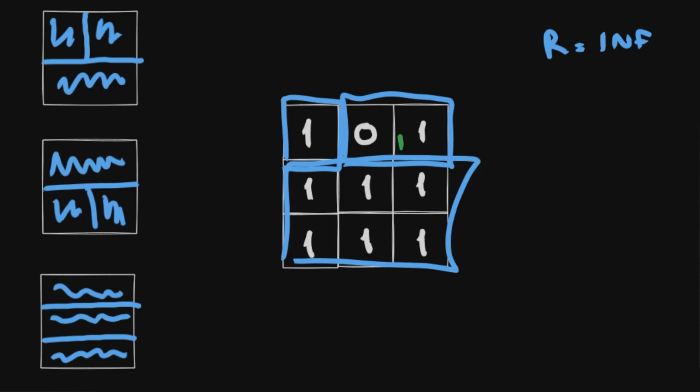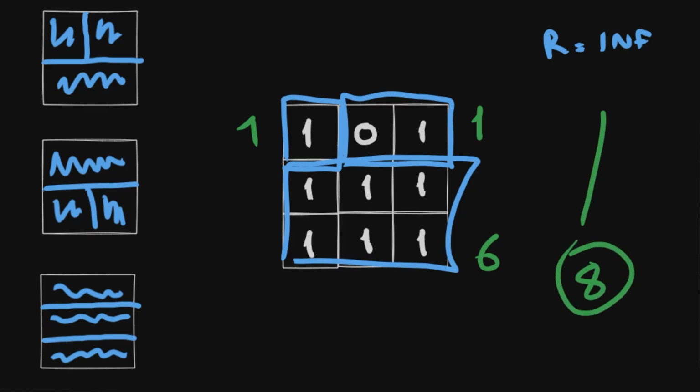That rectangle is this one, and this has an area of 1 times 1, meaning the result for this subproblem is 1. The result here is 1, the result here is 3 times 2, meaning 6. And 6 plus 1 is 8. And 8 is smaller than infinity, so we can replace the result with 8.